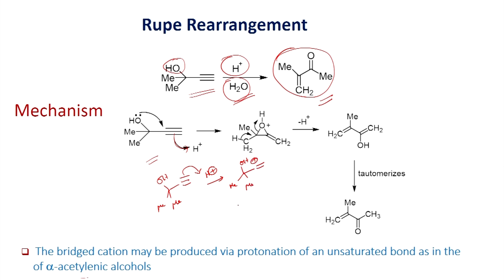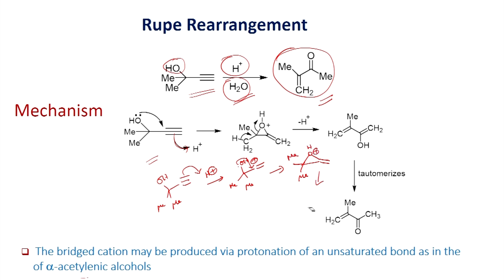this carbocation intermediate. Once you have this, then this can undergo reaction to produce this intermediate.